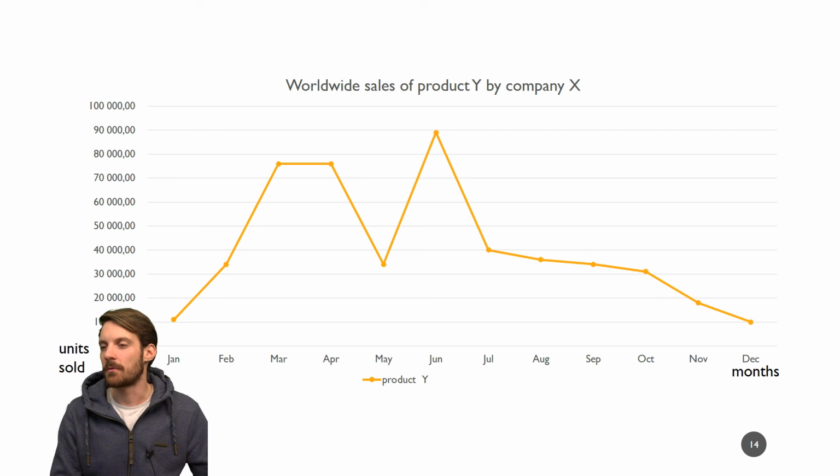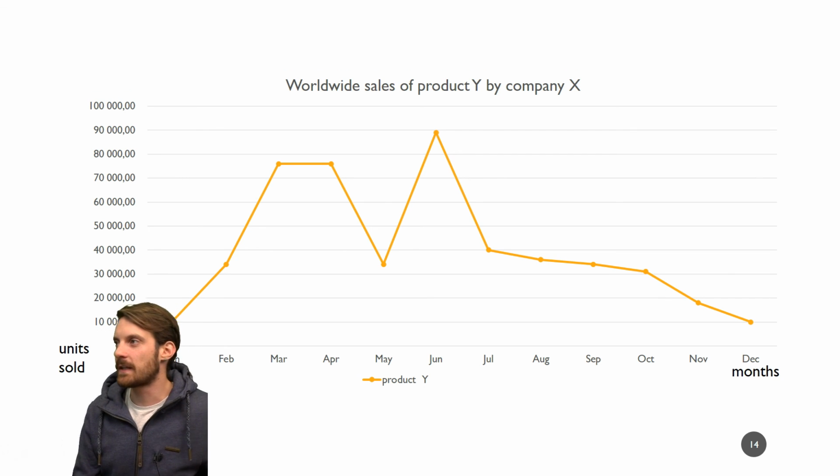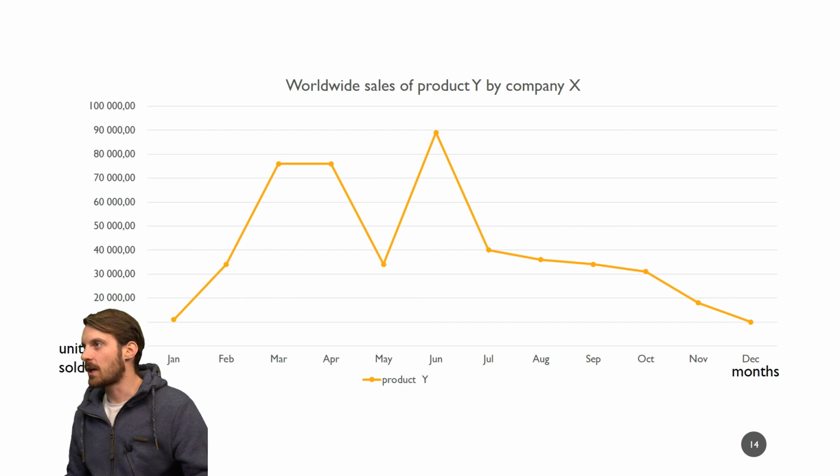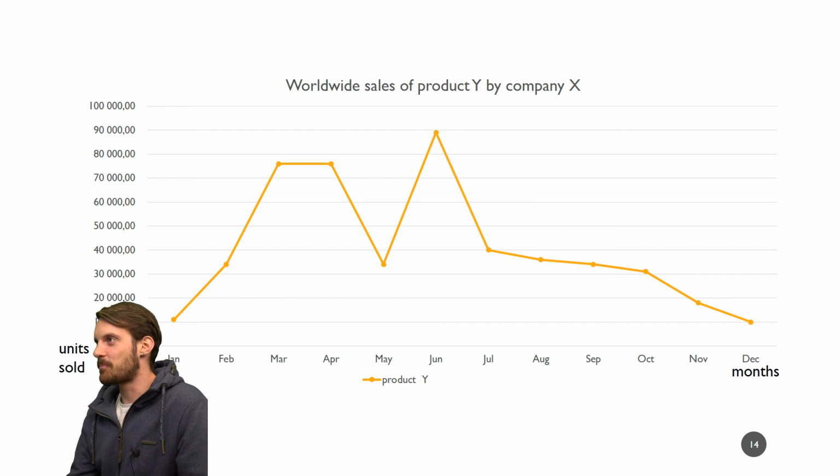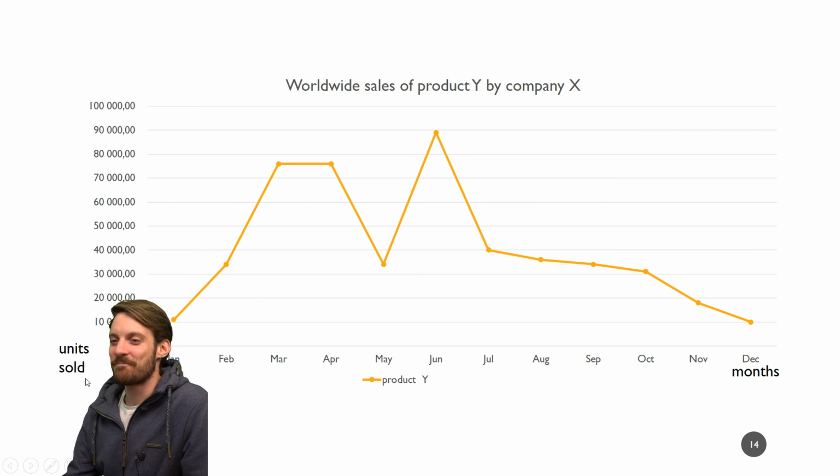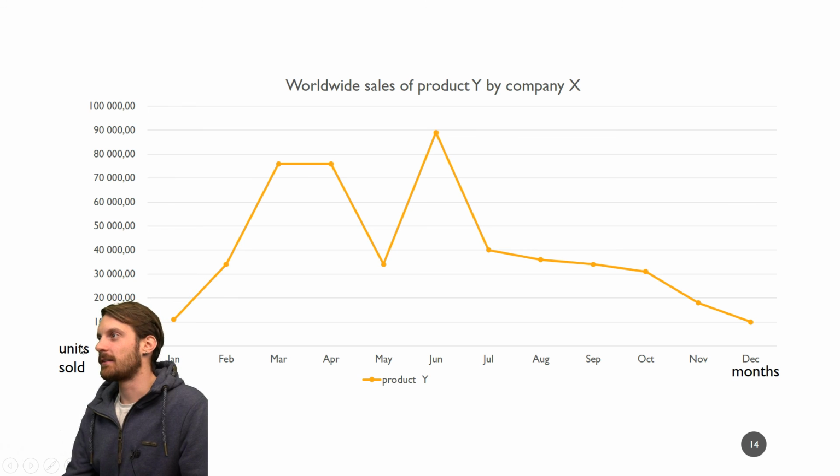So I've provided this super fancy graph, which I made by myself, and I basically did it so that you can practice it.